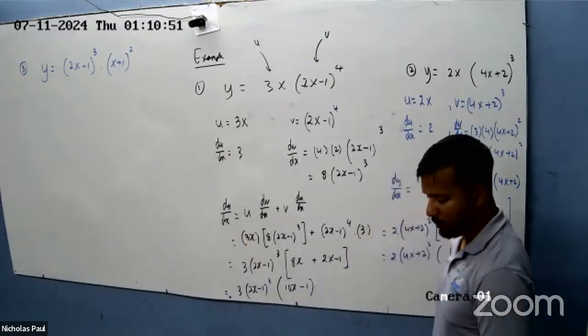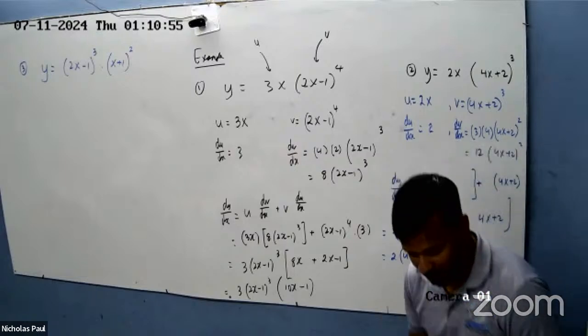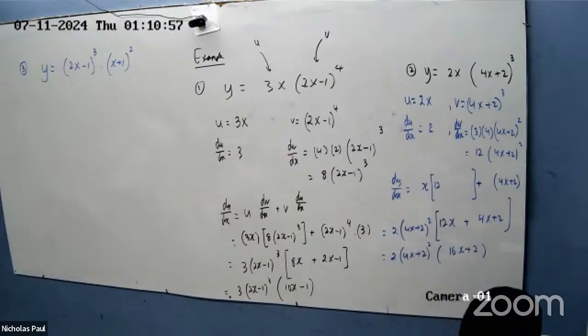Try this one. Bye-bye. Wait till you get your square root. Wait till you get your square root. You're gonna get a square root guess now. Yeah, square root. Yes.